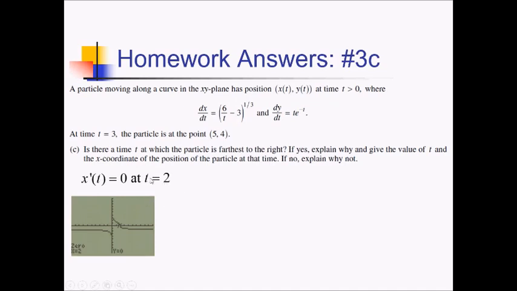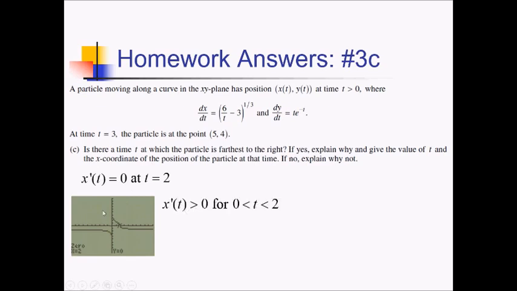Now, this by itself, even drawing a little picture here, doesn't prove anything. To actually justify that this is the furthest to the right, we have to say x prime of t is positive, greater than 0, on the interval from 0 to 2.